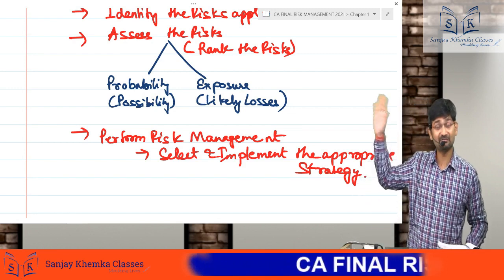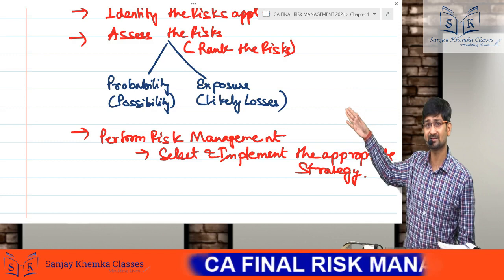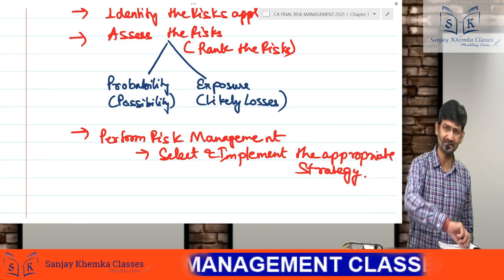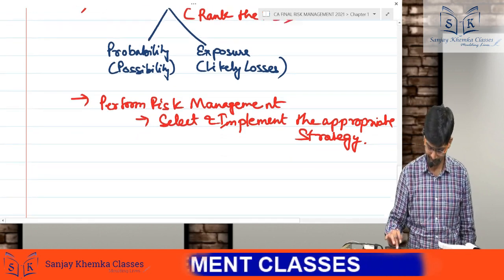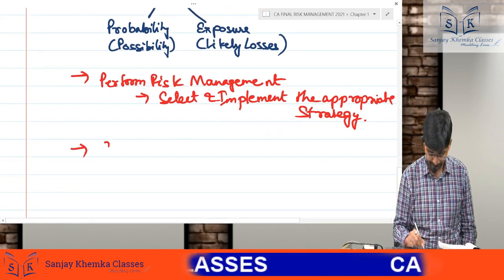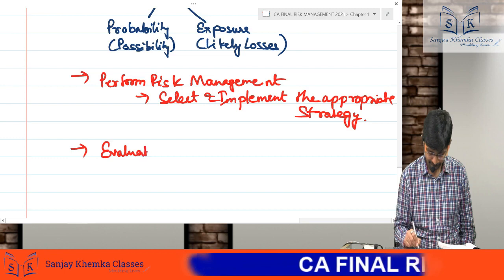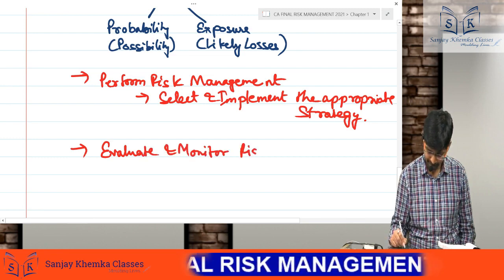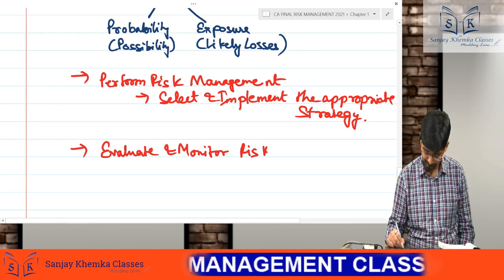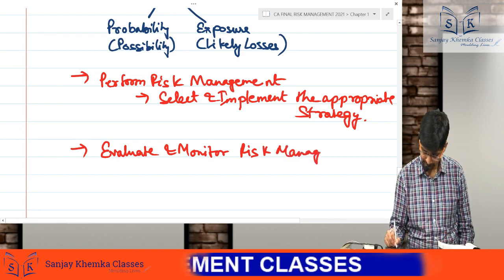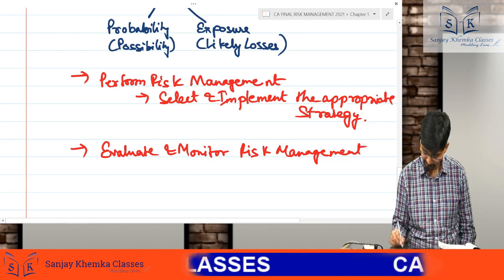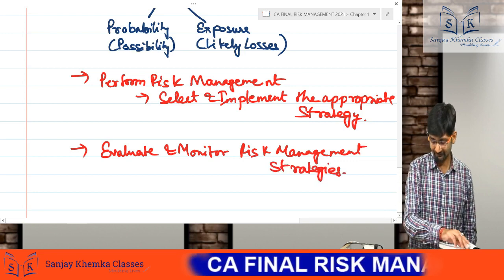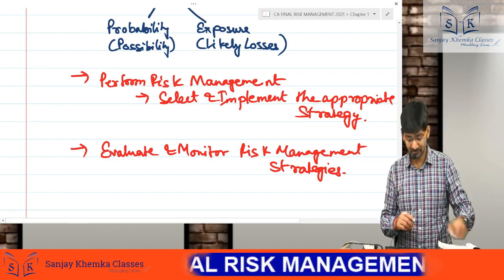I will identify my risks. I will assess the risk. I will select the right risk management strategies and implement those strategies. And then I will evaluate and monitor risk management strategies.